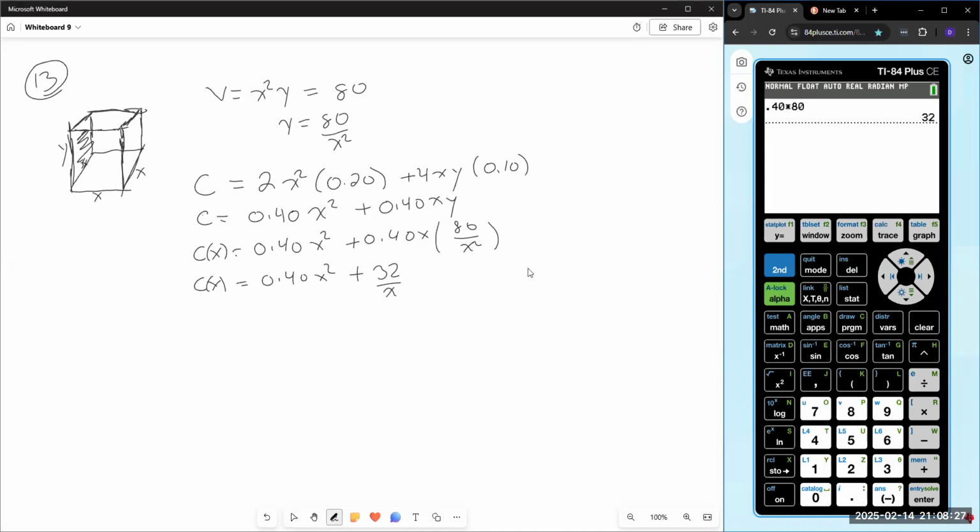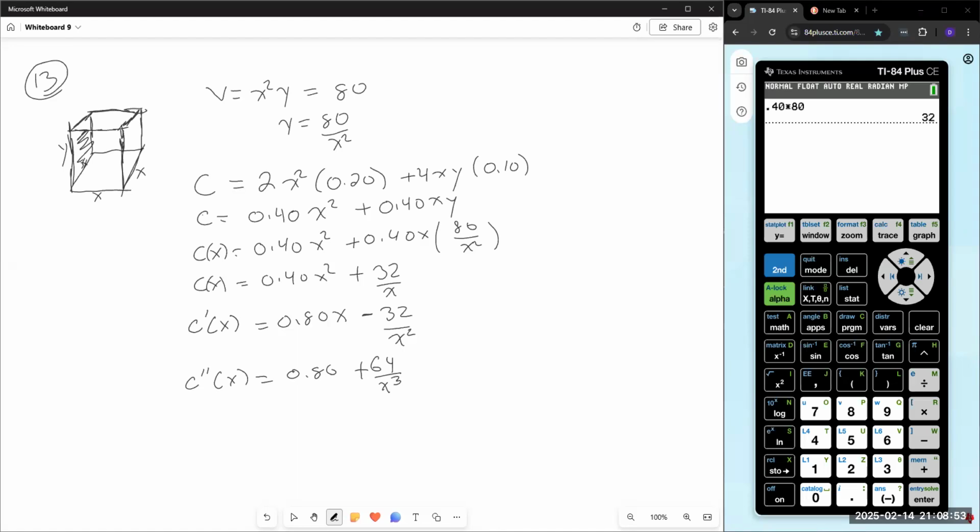So now we're going to differentiate. C prime of x is 0.80x minus 32 over x squared, and C double prime of x is equal to 0.80 plus 64 over x cubed.